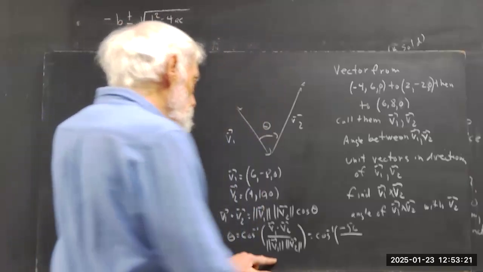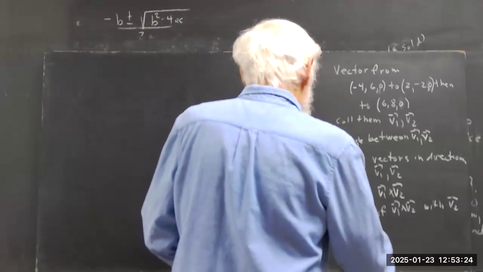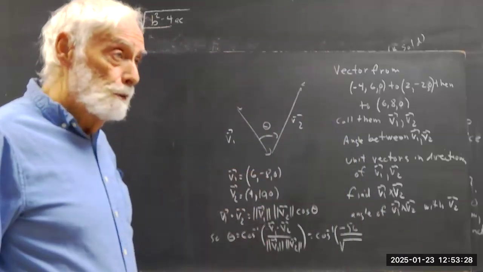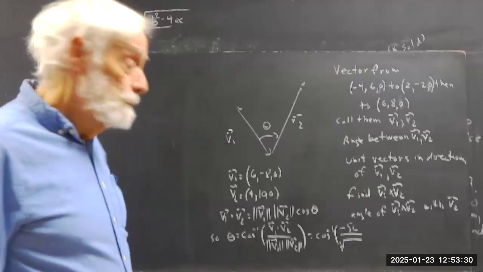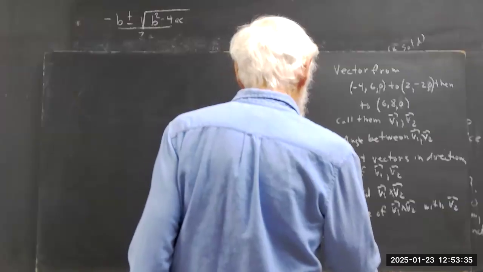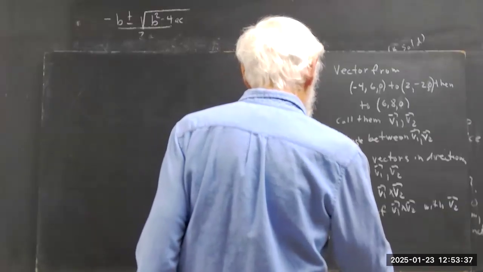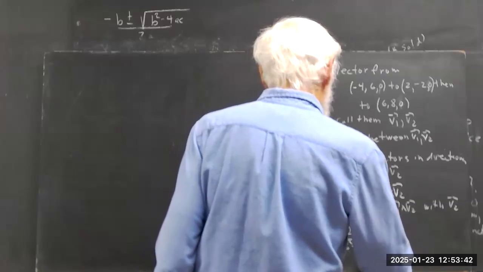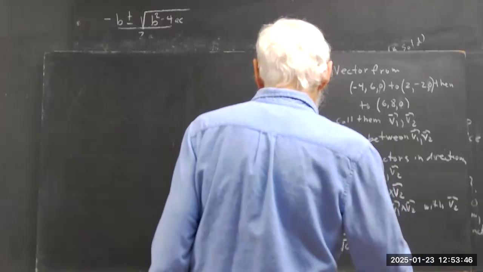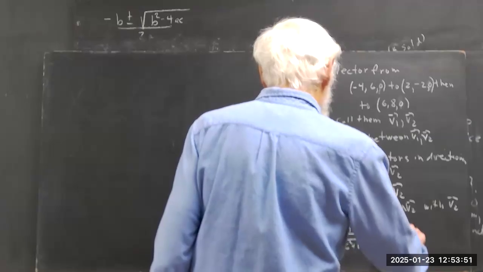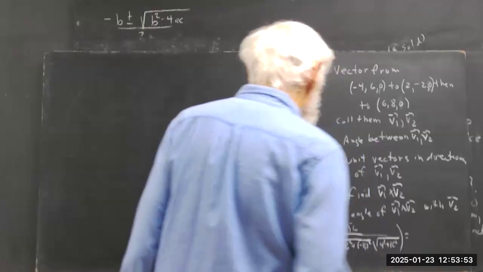Magnitude of V1 is going to be the square root of 6 squared plus 8 squared, right? Times the square root of 4 squared plus 10 squared.